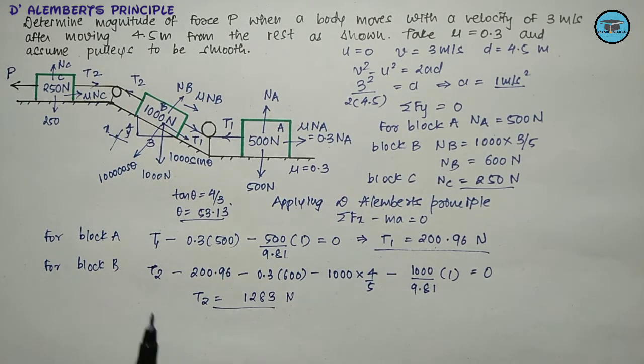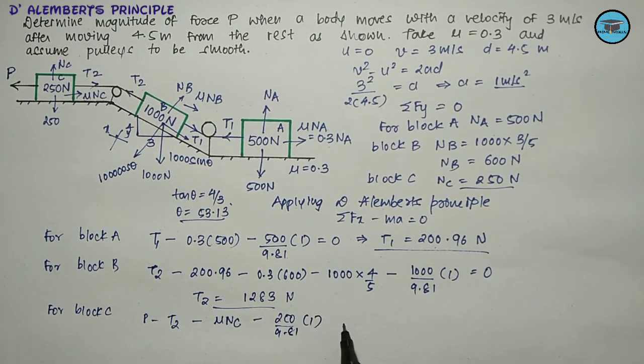Similarly, we apply D'Alembert's principle in the x direction for block C. P minus T2 minus mu into NC minus mass, that is 250 divided by 9.81, into acceleration 1 meter per second square, equals 0.